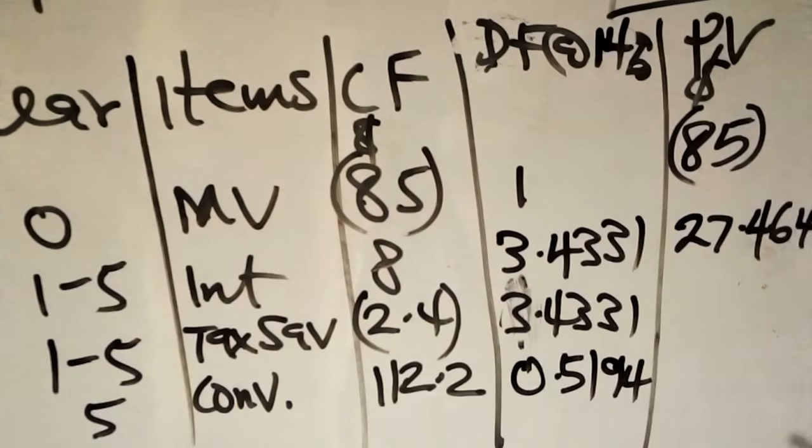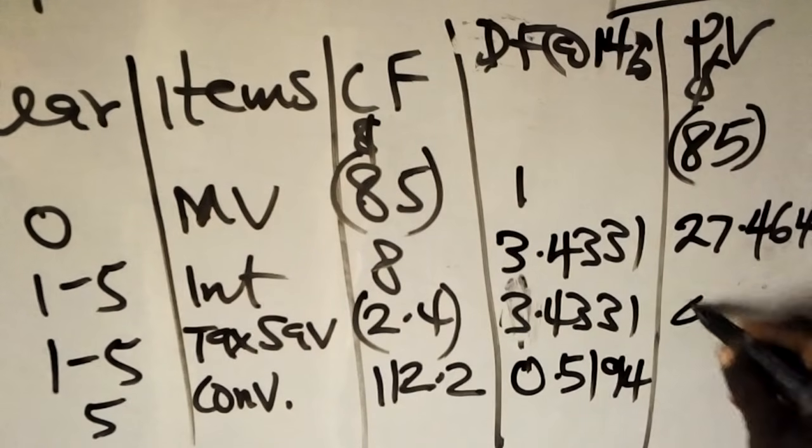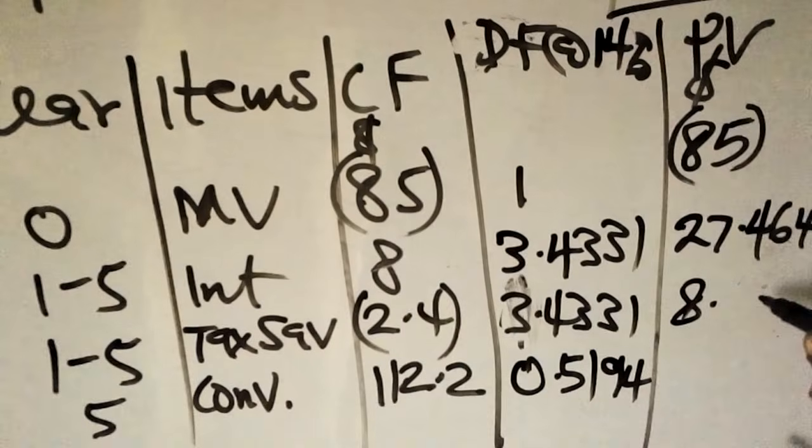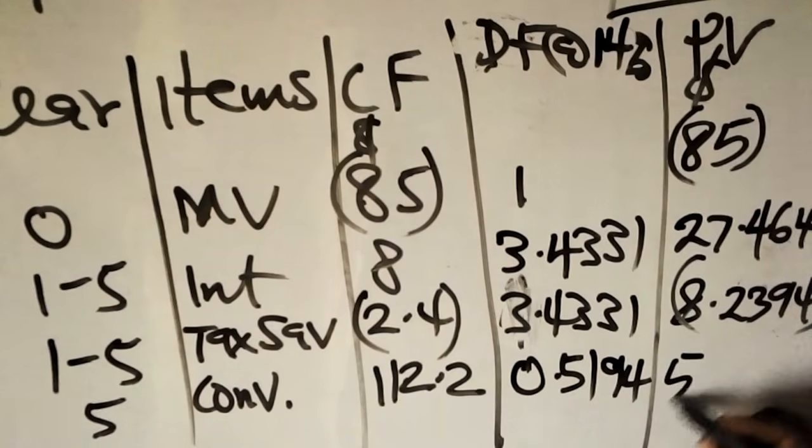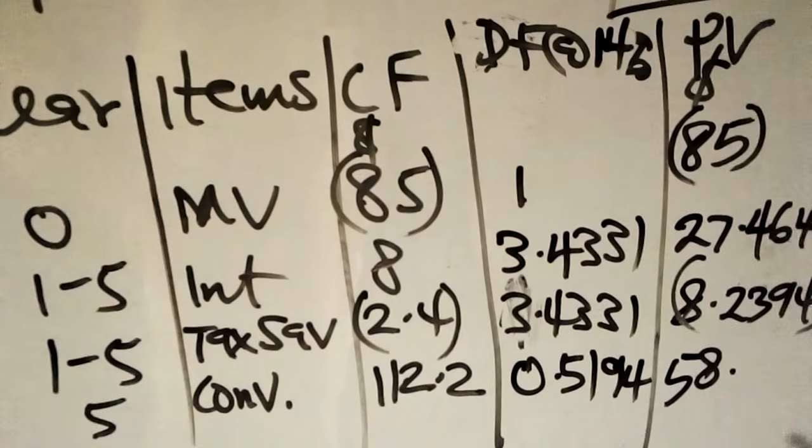Then 2.4 times 3.4331, we have 8.2394 negative. Then 112.2 times 0.5194. Then we have 58.2767.